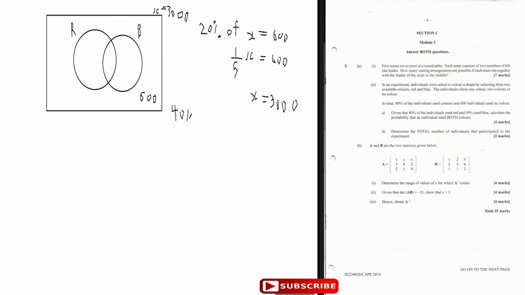So 40% of 3000 use red. I'm just writing down the information given. And 40% of 3000 is 1200. So 1200 use red. This is the amount that use red.